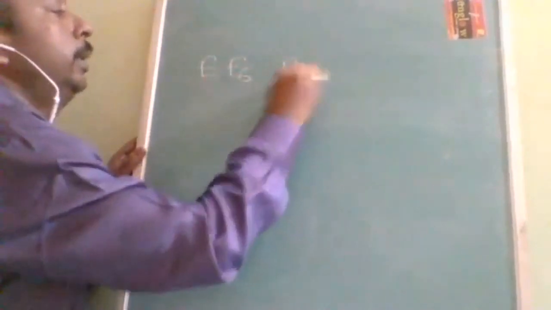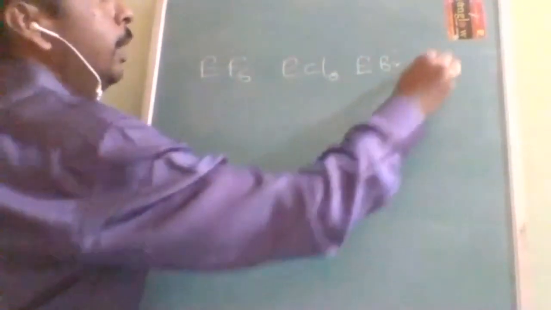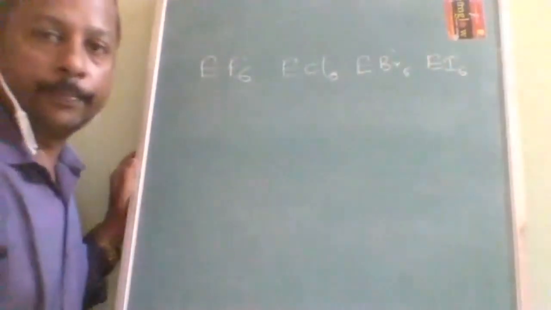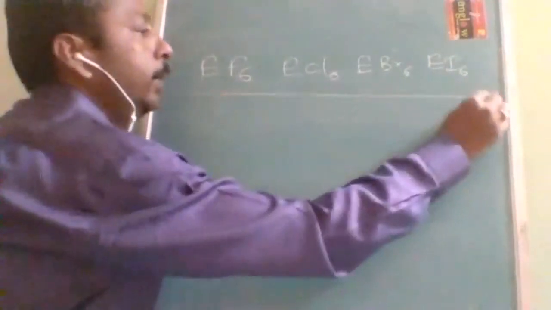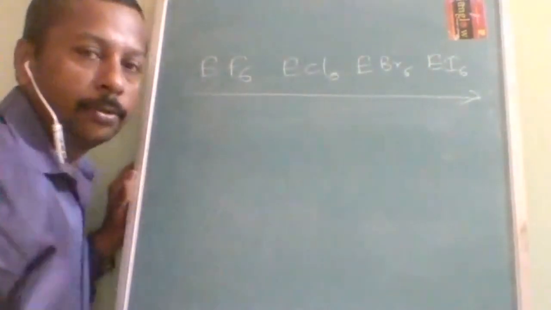Even so, let us take E the same: EF6, ECl6, EBr6, and EI6. Which is more stable? Here I am keeping the central atom same, but I am changing the halogen.